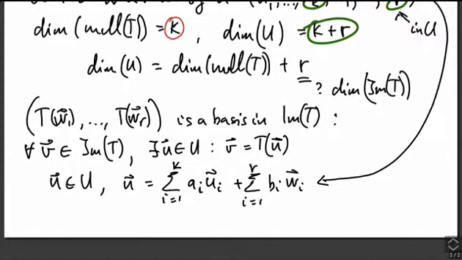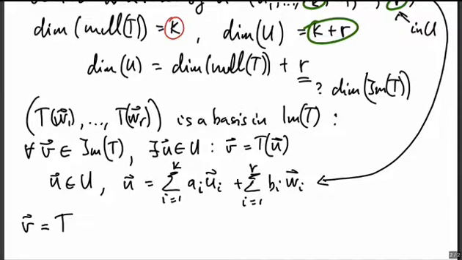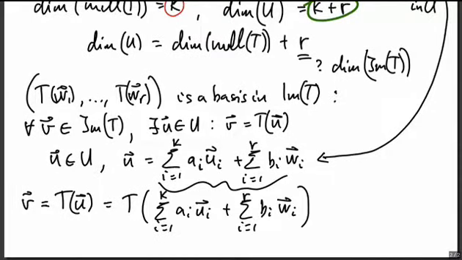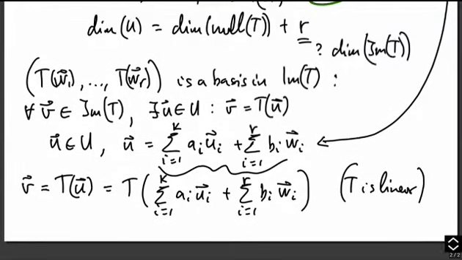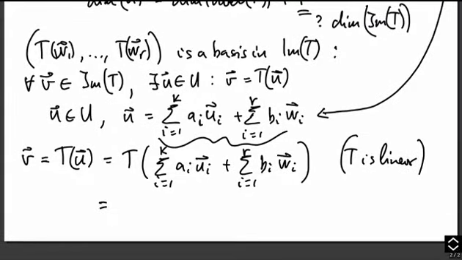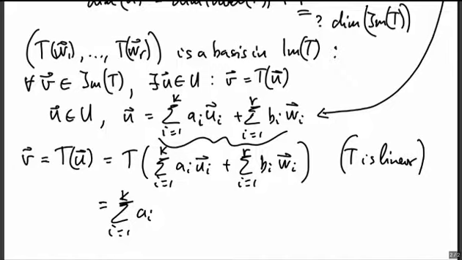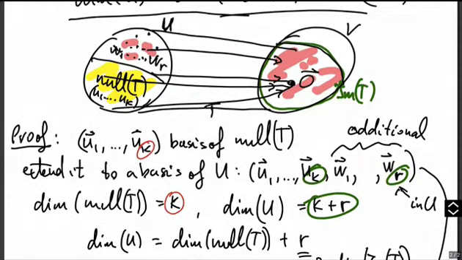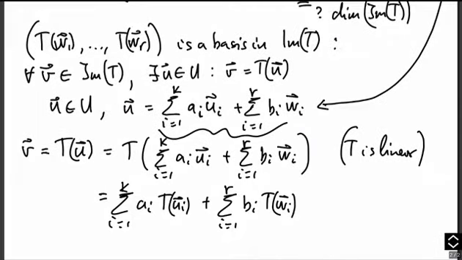Then if you check what V is in form of the image of U, and we substitute this representation of U with the basis elements, then since T is linear, we can apply it term by term, and we can factor out the constant multipliers. Then the UI's were from the null space, so that means that all this part is the 0 vector.